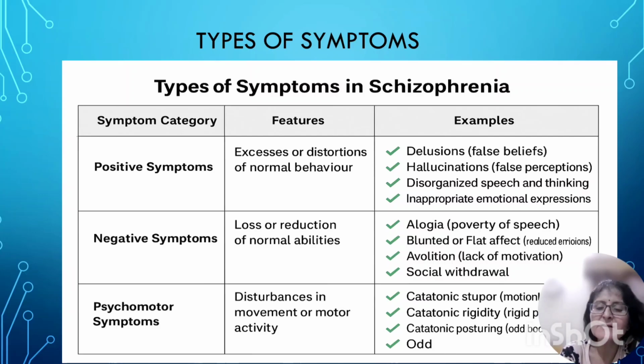Sometimes we experience this, but a schizophrenic patient experiences it more than we all do. So you are experiencing the stimulus in its absence, and there are different types of hallucinations depending on your different sense organs.